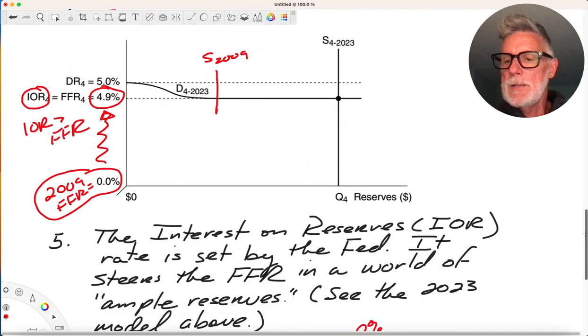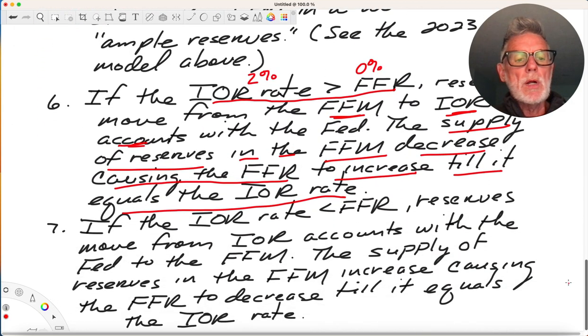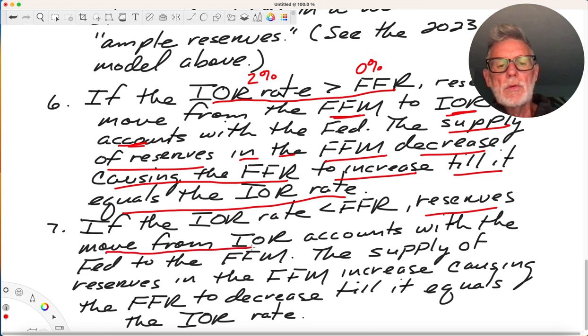Kind of interesting. If the Fed ever wants to lower the federal funds rate, let's say below that 4.9%, then what's it got to do? It's going to lower the IOR rate below the federal funds rate. What happens? Reserves are going to move out of these accounts. Why?